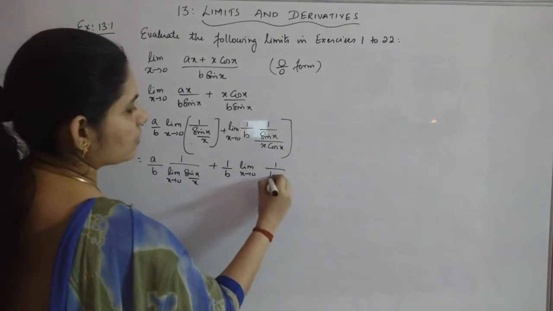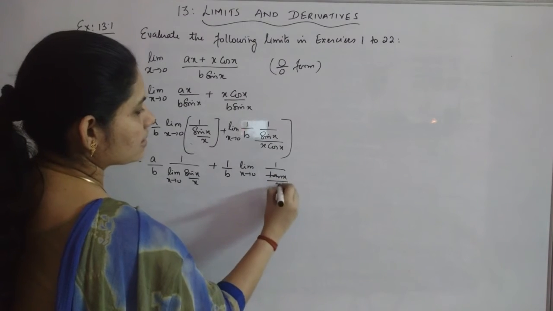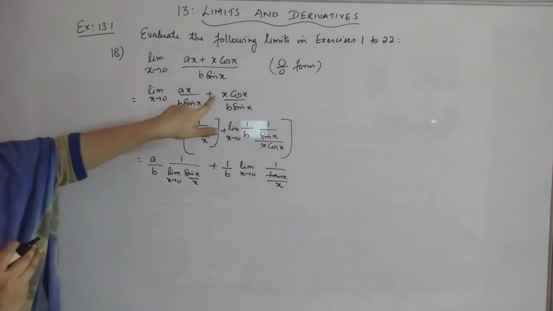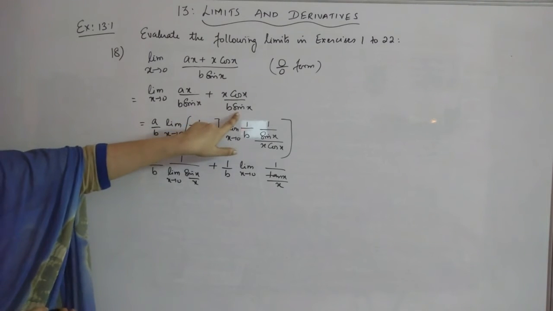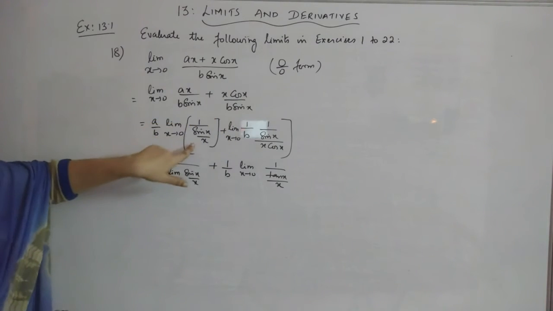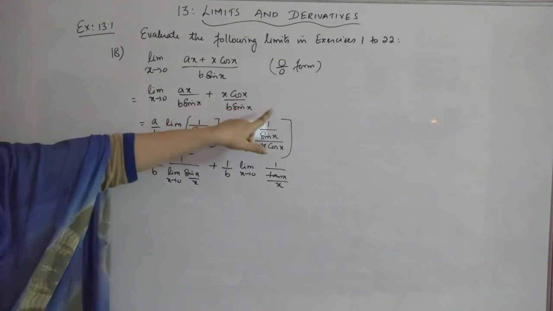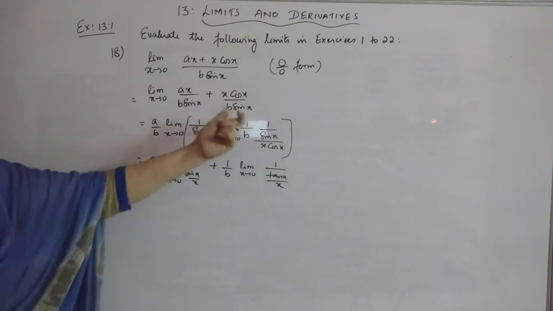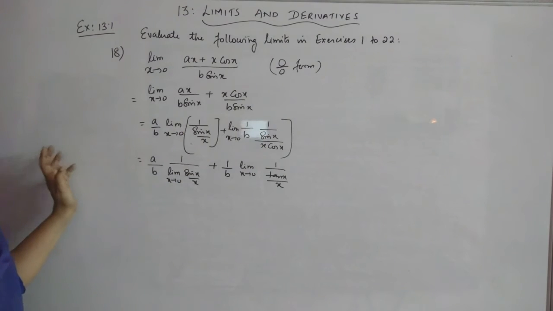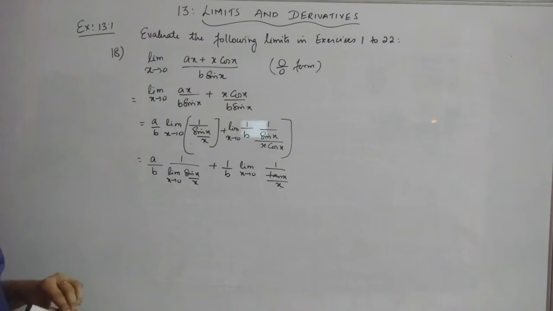So I can write 1 by tan x by x. Or else you can separately combine x by sin x and write it in this form, sin x by x, and cos x as a separate thing. So cos x will also give you the limit. When you apply the limit, cos 0 is 1, and the other thing will be giving you 1.